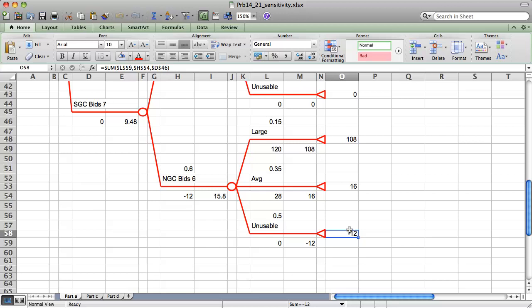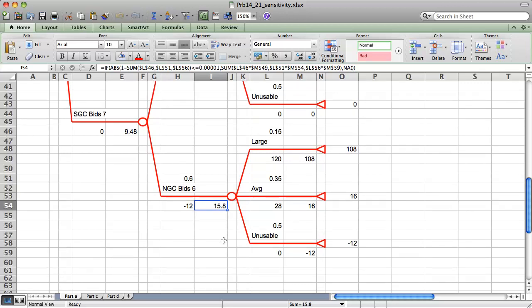Considering costs, the payoffs have been calculated for each of the three outcomes: large, average, or unusable. The weighted average of these three, what would be the EMV, is really not what we could expect all of the time. If we simply use a weighted average here, we get the 15.8. And that's probably not a good estimate, because that's only going to happen at a 60% probability.